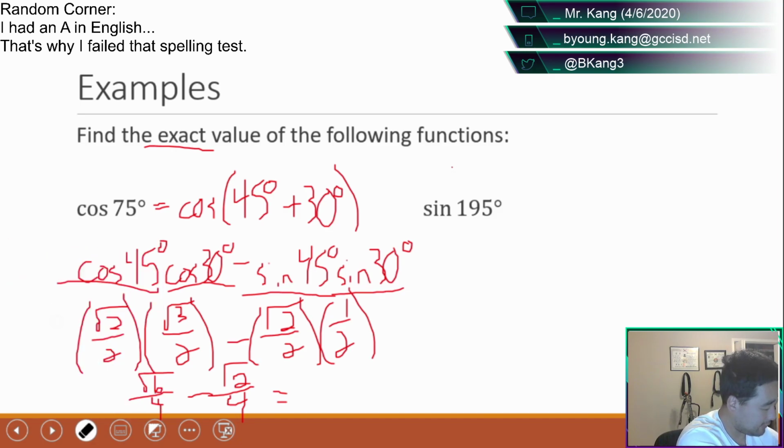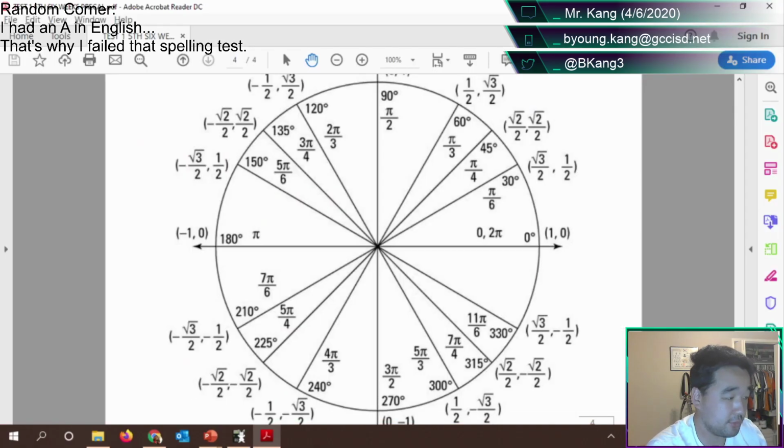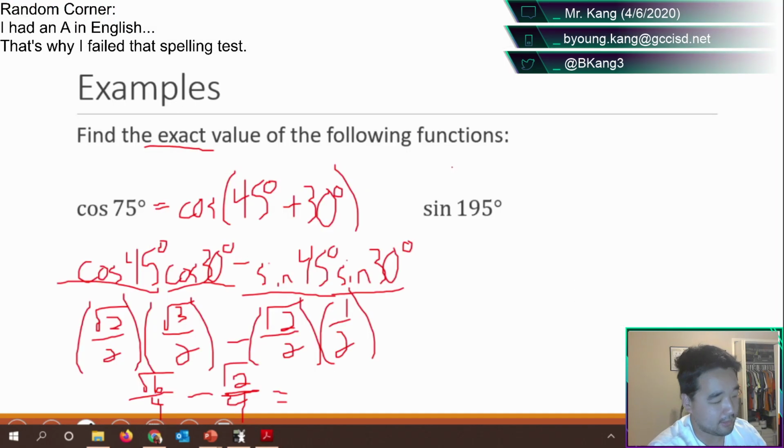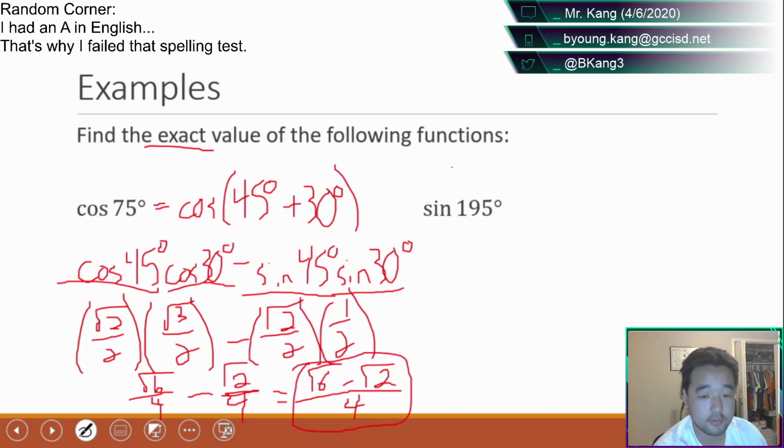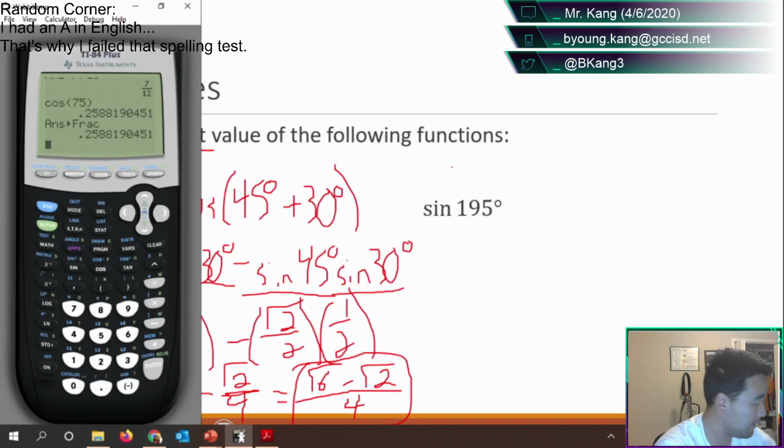They'll always have a common denominator, because everything on the unit circle is divided by 2, so you end up with a divide by 4 for all of these. So square root of 6 minus square root of 2. Remember, you can't subtract square roots, so leave it like that, divided by 4. There you go. The exact answer is square root of 6 minus square root of 2 all over 4.